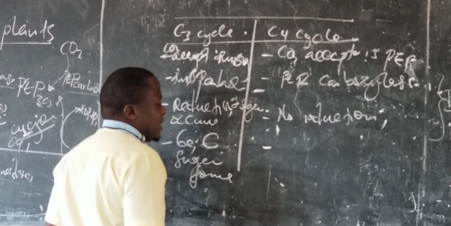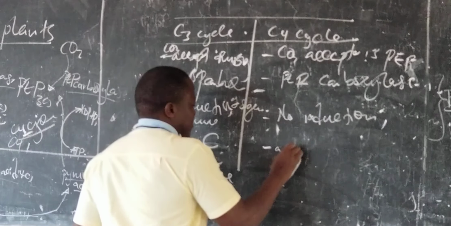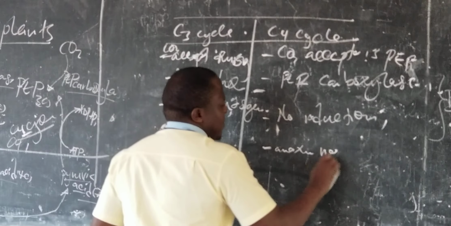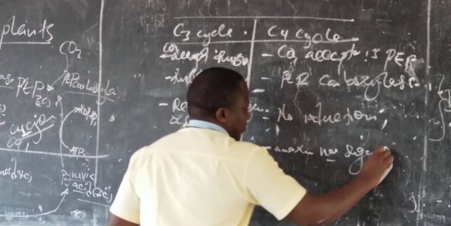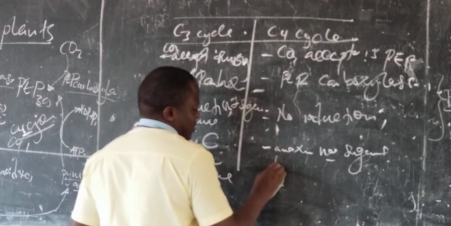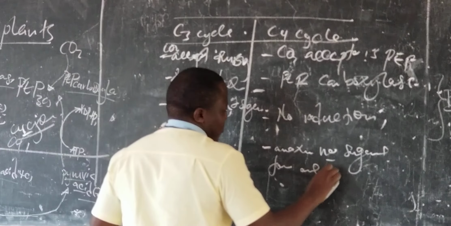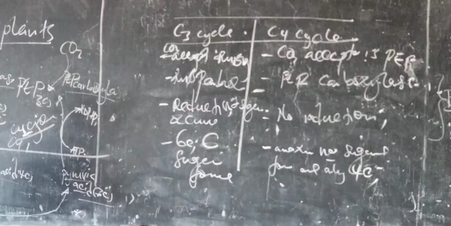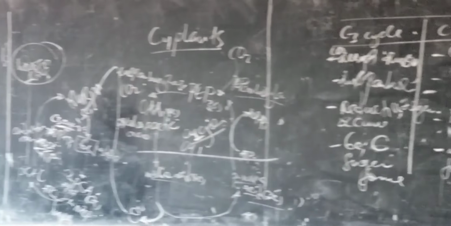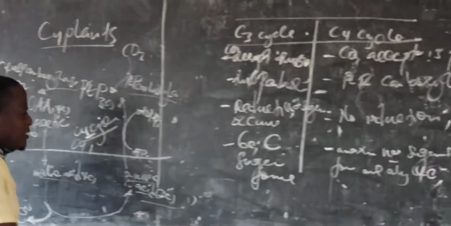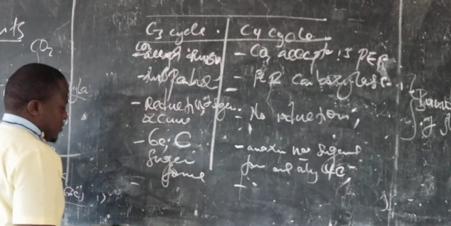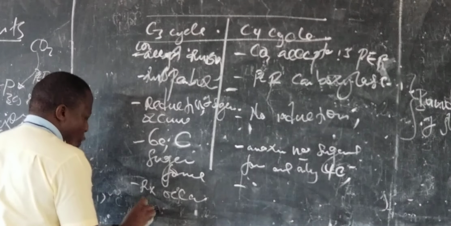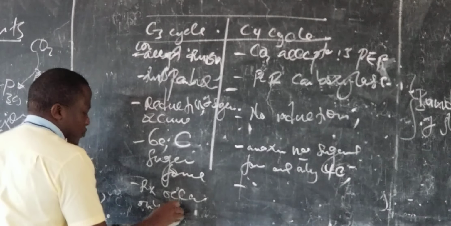Come to this side, you realize that the maximum number of carbons formed is only with 4 carbon compounds. That is oxaloacetic acid. You remember Kranz anatomy? In the C3 cycle, reactions occur only in one cell.